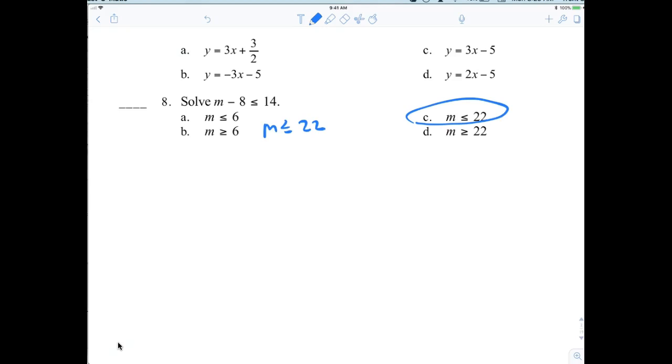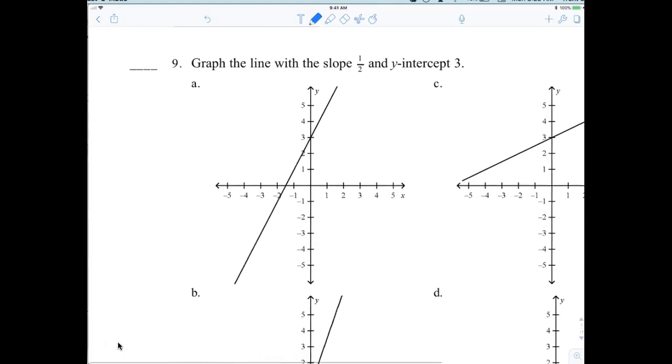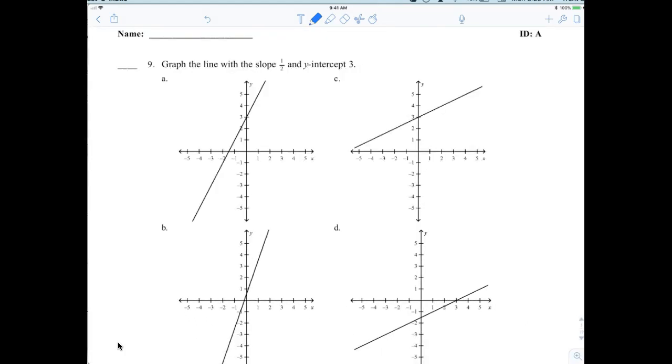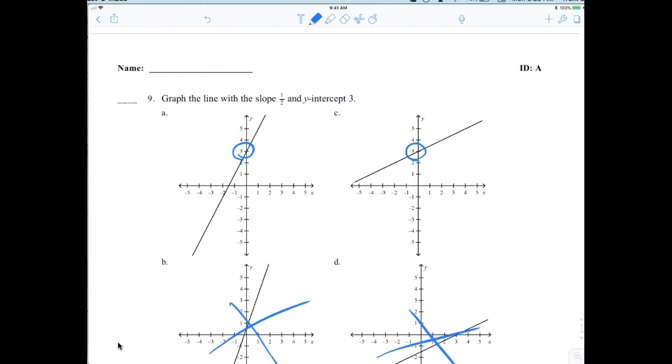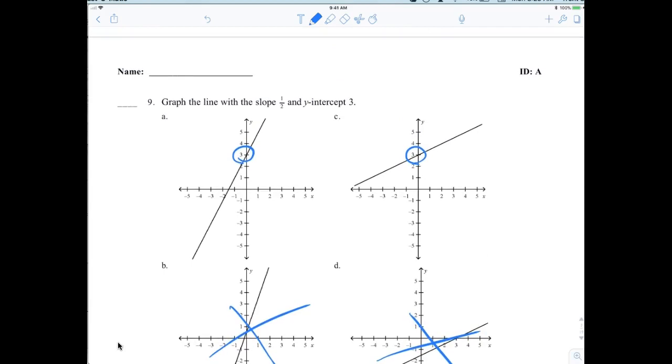All right, let's take a look at number 9. Okay, so again, this is important. The y-intercept is 3. So this y-intercept is 3. This y-intercept is 3. This is not a y-intercept of 3, and that does not have a y-intercept of 3. All right? Then I'm looking for a what? A slope of 1/2, which means I go up 1 and over 2.